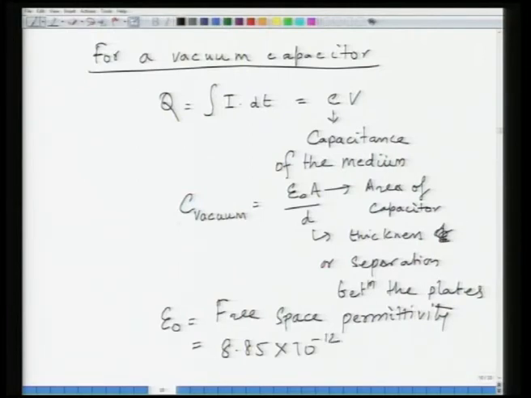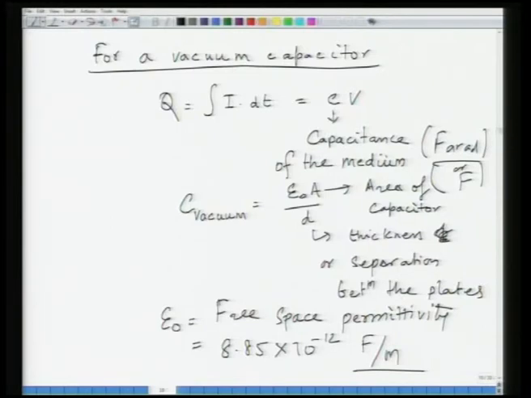So, the unit here is, capacitance is defined in what is called farad or F. So, epsilon naught would be farad per meter.